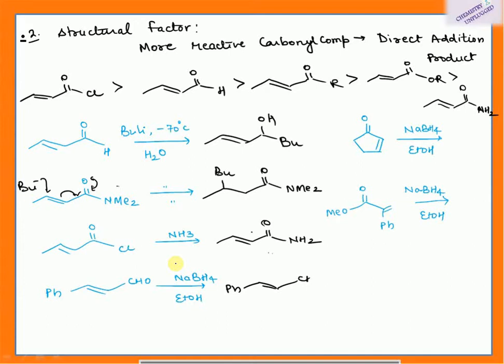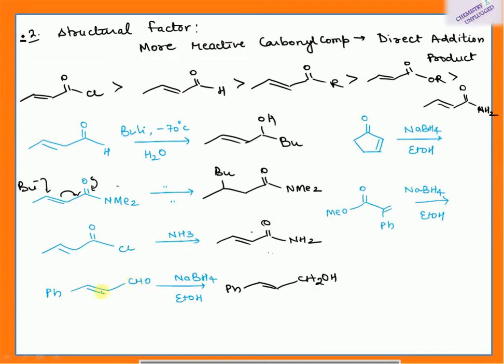Now you can easily find out that any nucleophile will show direct addition on more reactive carbonyl compounds, and it will show conjugate addition with less reactive carbonyl compounds. So in this case, this double bond will remain unaffected and it will directly attach with this carbonyl group and do its reduction. At the same time, we have an alpha beta unsaturated carbonyl, which is less reactive as compared to the enal.